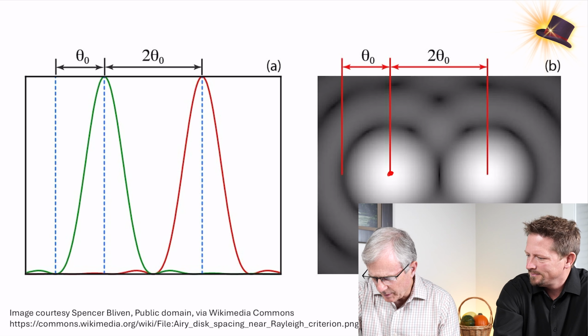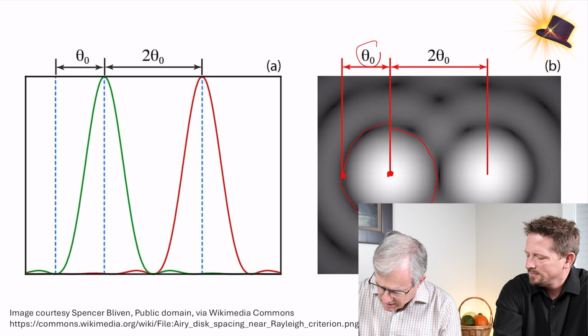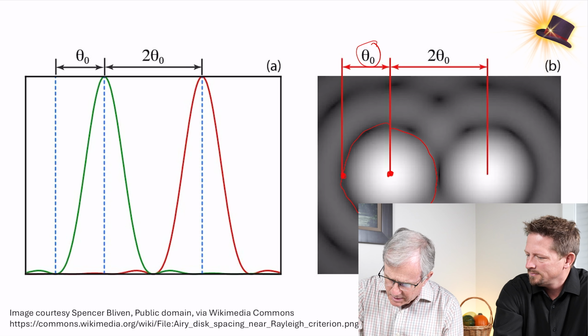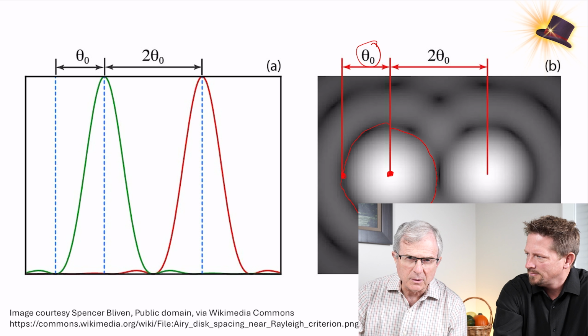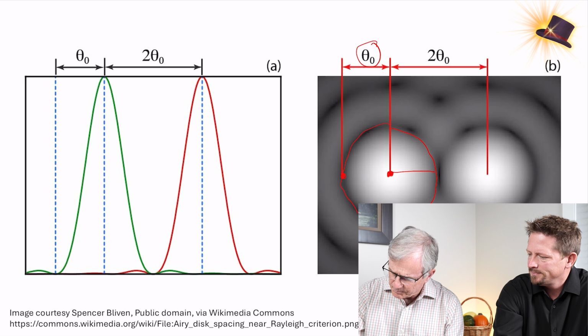You get these patterns. So the Airy disk has a maximum intensity here and a zero intensity there, and that angular distance between the two is called the Airy disk radius.